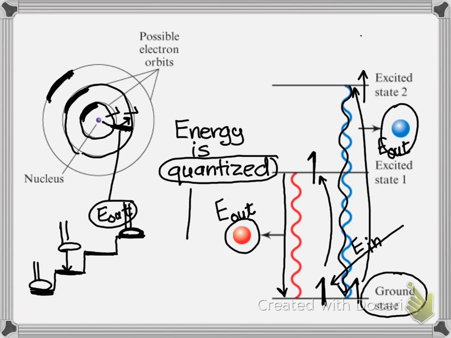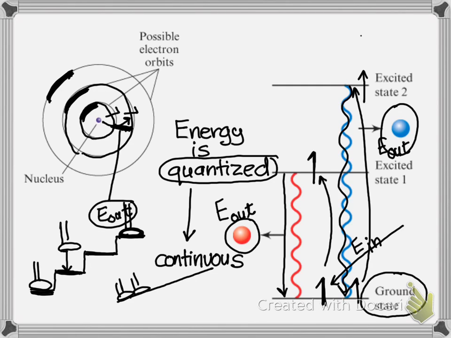The opposite of quantized would be continuous. And if something was continuous, it would be like white light, like we see in the rainbow, where it just moves from color to color to color. There's no separation in that. A continuous could be like a ramp. So I could put my foot anywhere on a ramp.